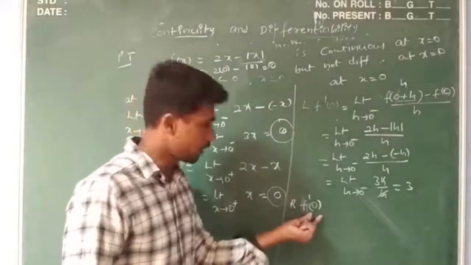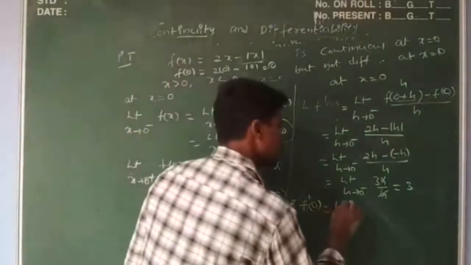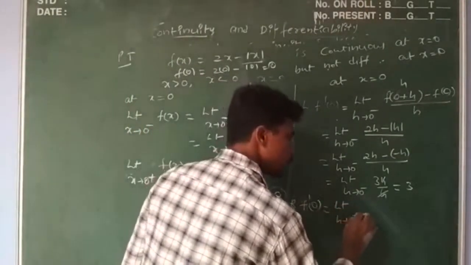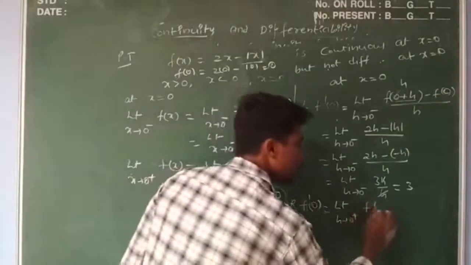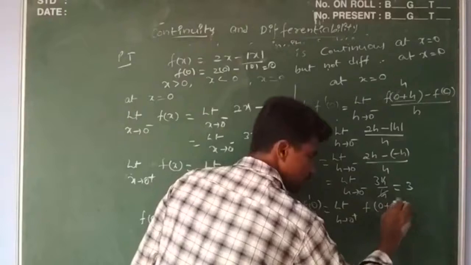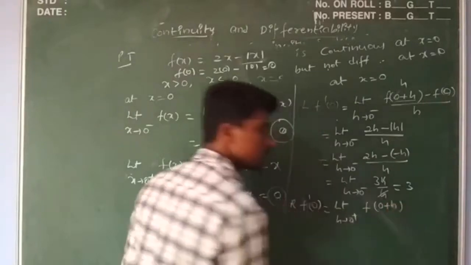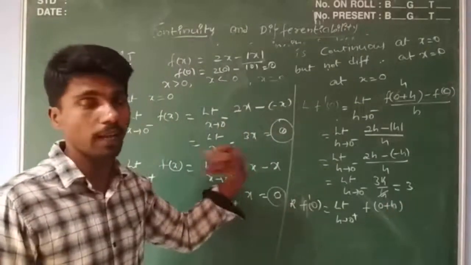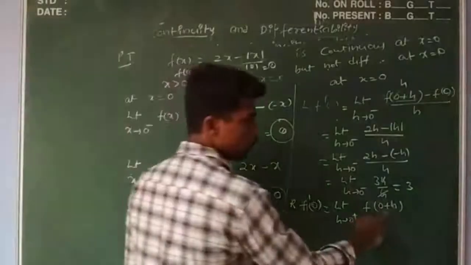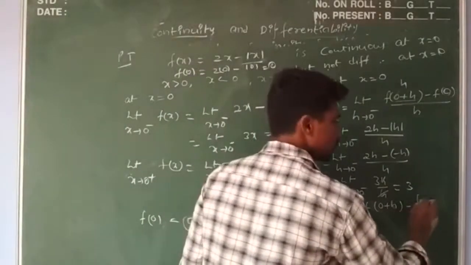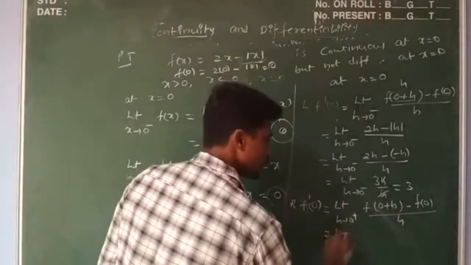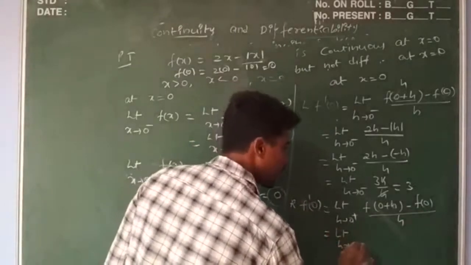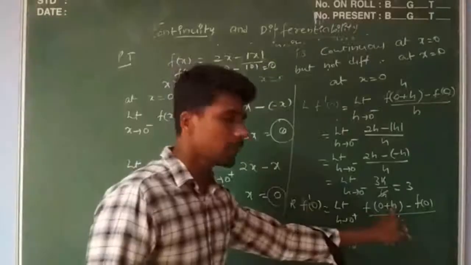Now I find the right derivative, R f dash of 0. What's the right derivative? The limit as h tends to 0 plus of f of 0 plus h minus f of 0 by h. In place of c, I should put 0; that's what I am substituting directly. So 0 plus h is h.